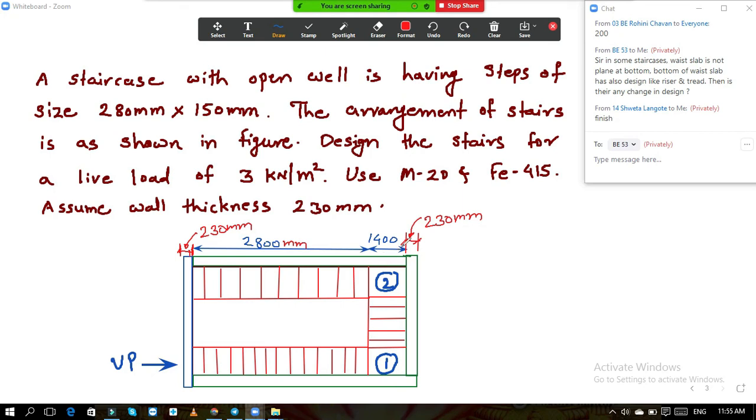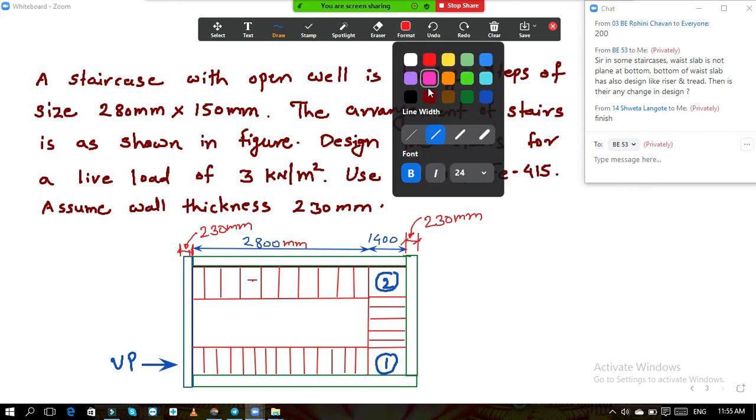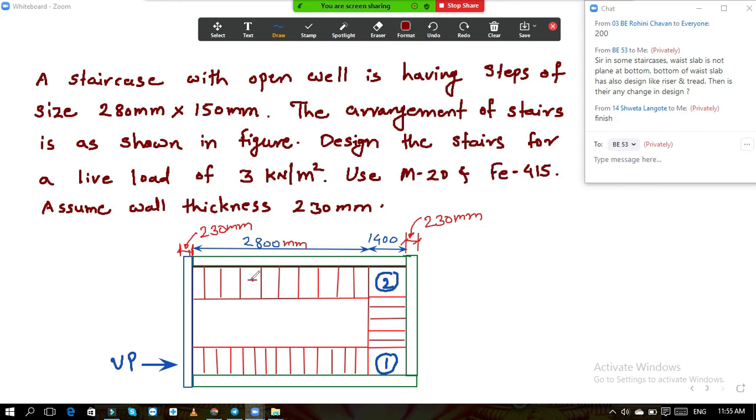So these things are given, and there are 10 treads in this flight. How many treads are there in this flight? If I write here, I will write T is equal to 10. It is given already, because floor to floor height is not mentioned to you.